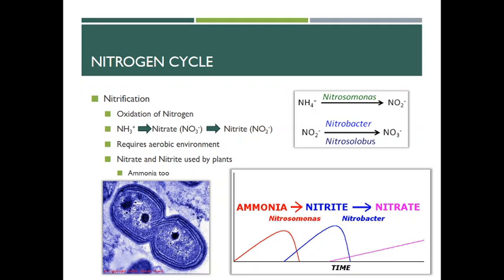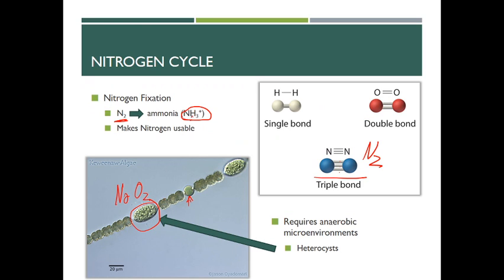It'll be taken up. This ammonia is what you'll see out on farms, those anhydrous ammonia tanks. It's essentially just this NH3 that they put into the ground to use as fertilizer.